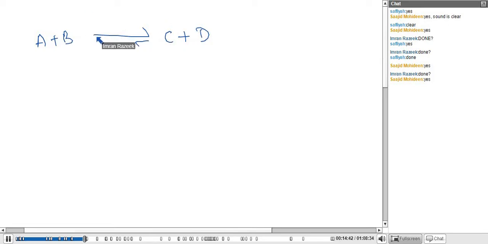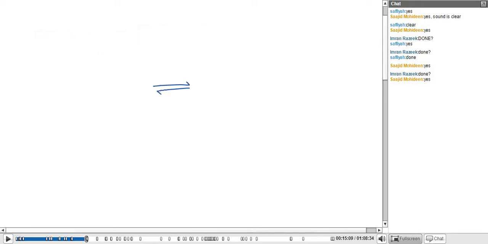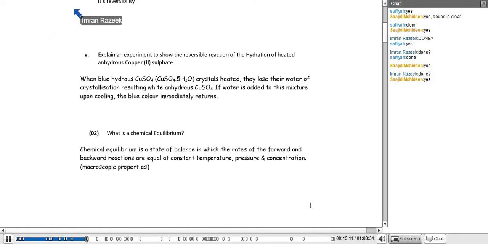With time, the rate of the forward reaction decreases, and the backward reaction rate starts increasing. The forward reaction rate is maximum initially and drops. The backward reaction rate is minimum initially and starts rising. And there will come a point where the rates of the forward and the backward reaction become equal. That is the point where we say the system has reached chemical equilibrium.